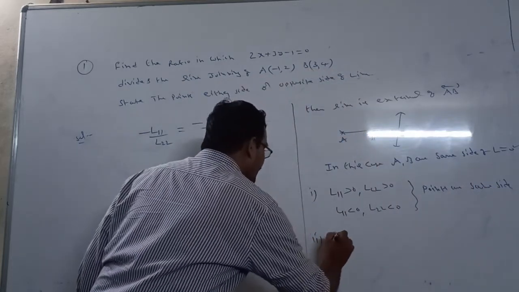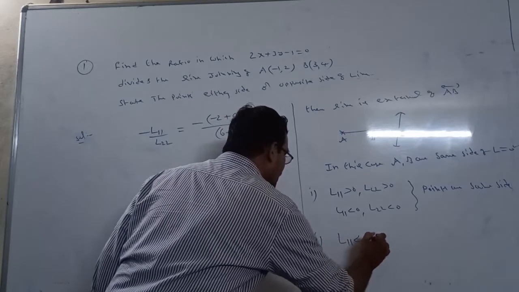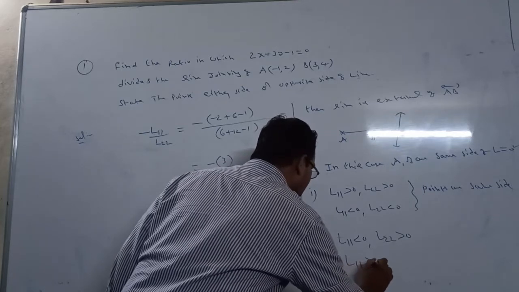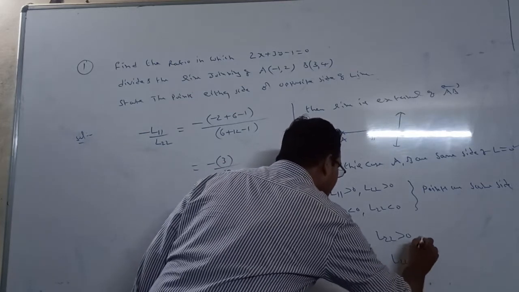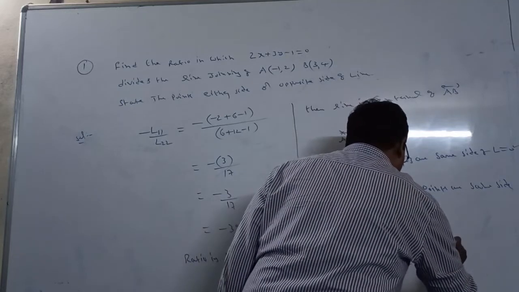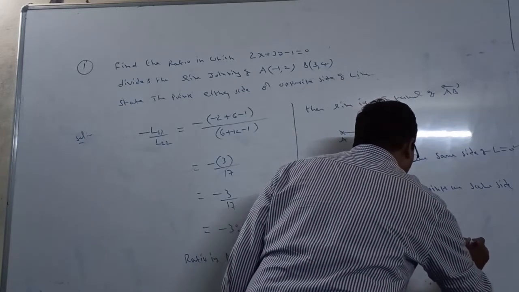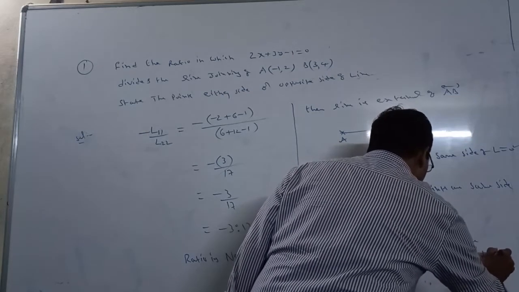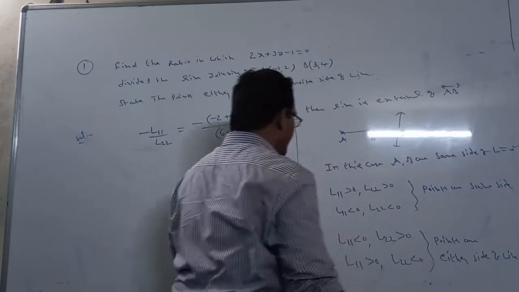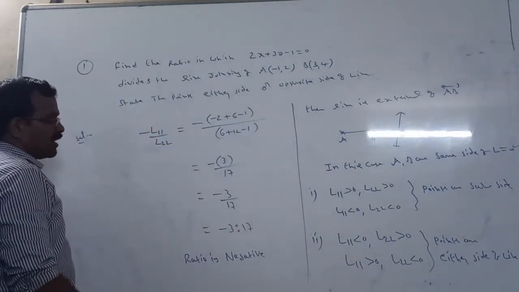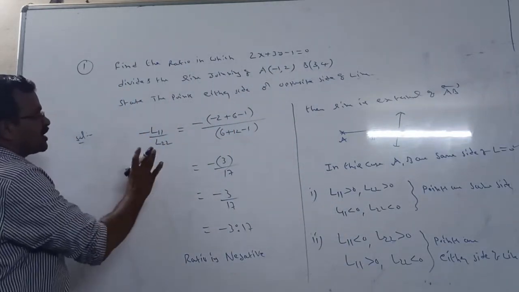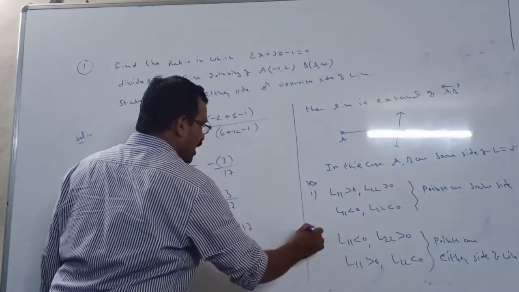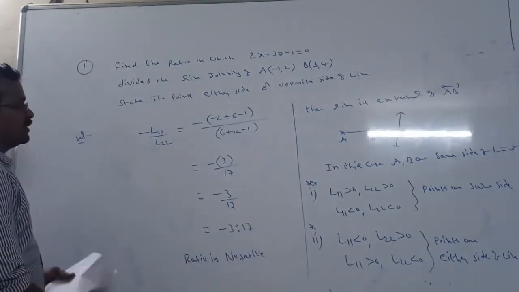Second one, L11 less than 0, L22 greater than 0, or L11 greater than 0, L22 less than 0: points are on either side of the line. Use this also. If they are asking only to state which side the points are on, use this directly, not the ratio.